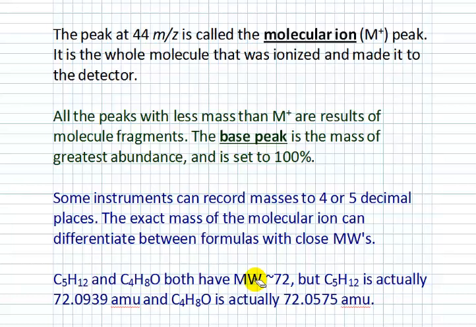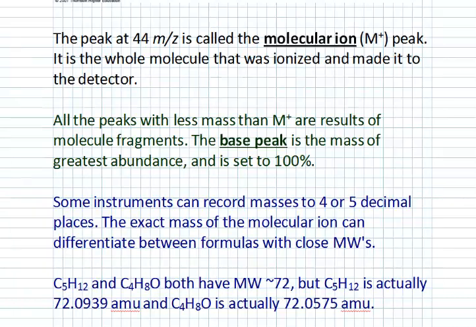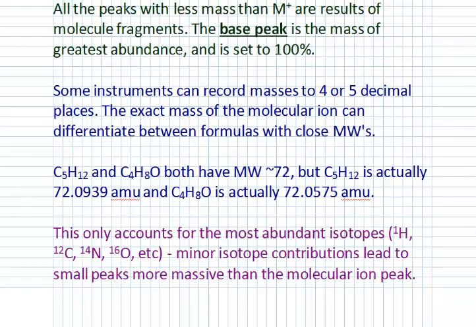If we use exact masses, though, we would get 72.0939 for the hydrocarbon, 72.0545 for the one that contains oxygen. So the software in these mass spectrometers can actually use that exact data to calculate the closest chemical formula for you from that. So all that comes just from the molecular ion peak.